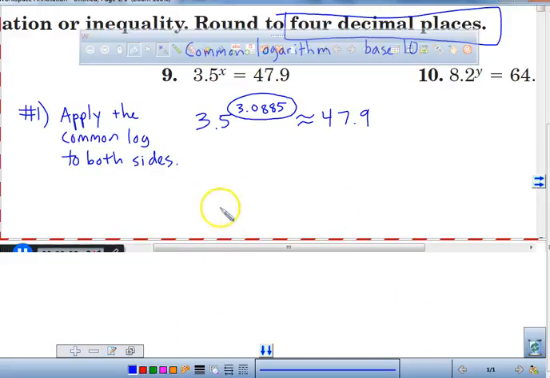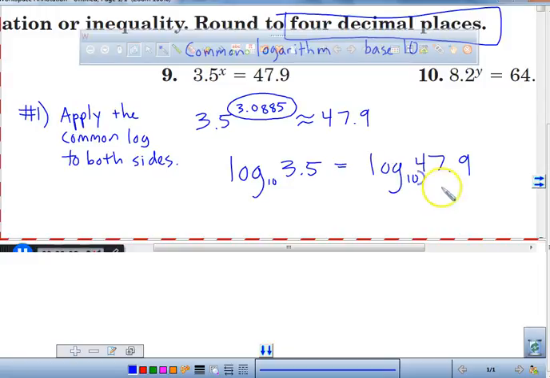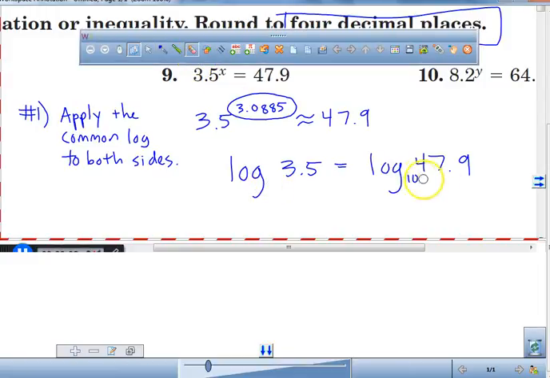So right now, here's what it's going to look like. I'm going to write log of 3.5 equals log of 47.9. Now, one thing you don't have to do when you apply the common log is write a 10 here or here, because we already know that it's base 10.